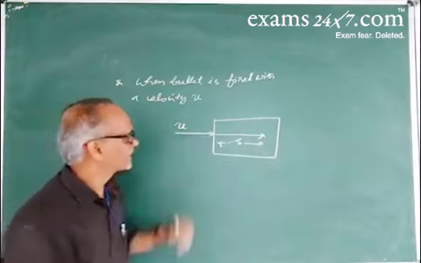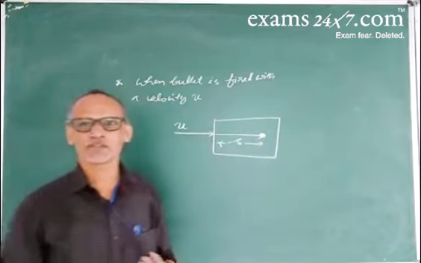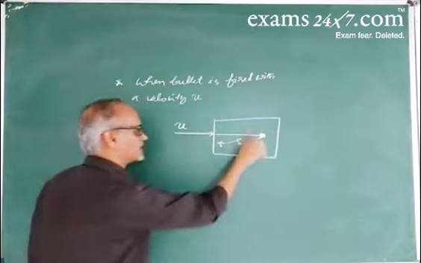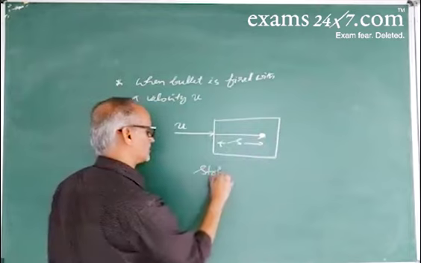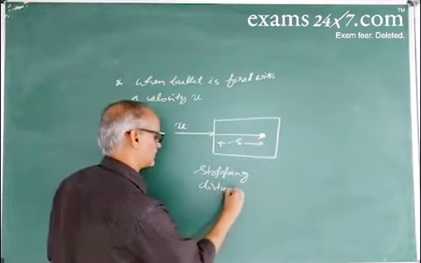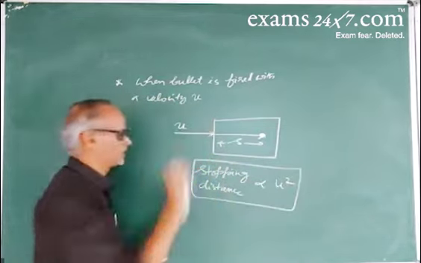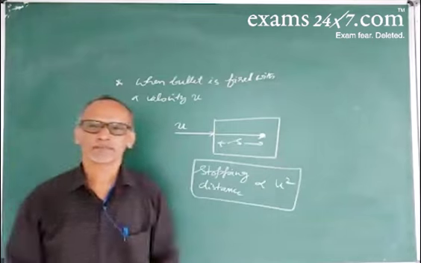And after penetrating, it comes to rest. So in such a case, this s is called the stopping distance. So stopping distance is always directly proportional to the square of the initial velocity.